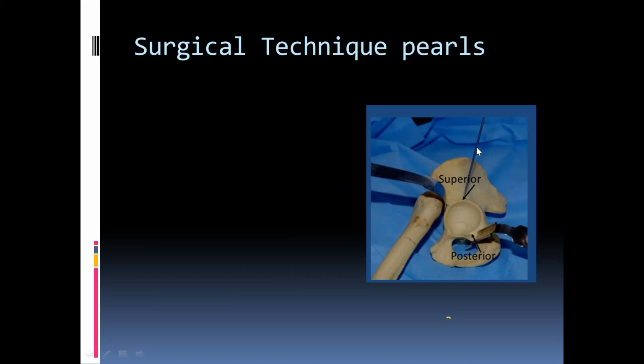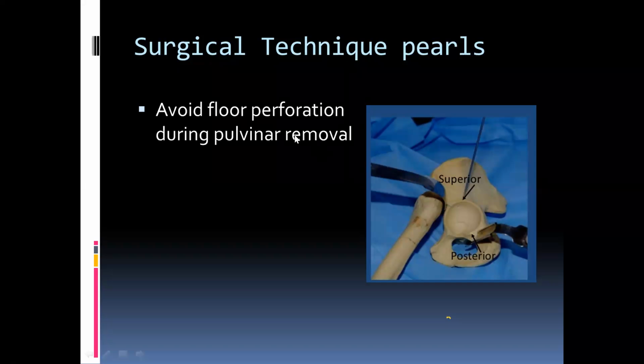In the superior acetabulum, you can put this Charnley or half pin in order to preserve the muscles above the acetabulum, and a curved one anteriorly in order to retract the femur away and go for the acetabular addressing. So avoid floor perforation when you are removing the pulvinar, especially when we are talking about the acetabular addressing.